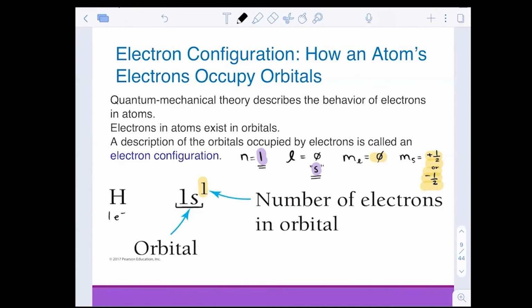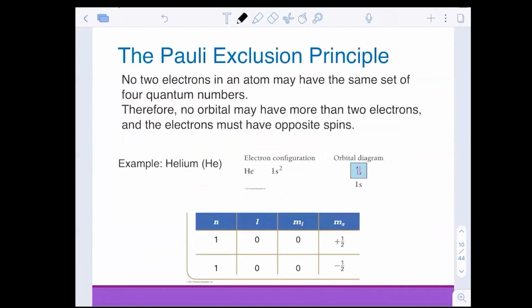That's the identity. Let's talk a little bit about the Pauli exclusion principle. This is where we actually get into the idea about m sub s, the spin, being plus or minus 1/2. What does that even mean? Well, when we think about an orbital with a specific orientation, there can be 2 electrons in that orbital.